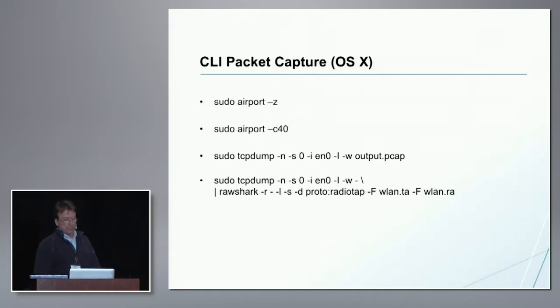Then I use the -c option with a channel number to change channel. And then I do the actual capture. The third bullet point there is when you capture to a file. And the last one is piping the output to Tshark to do field extraction.